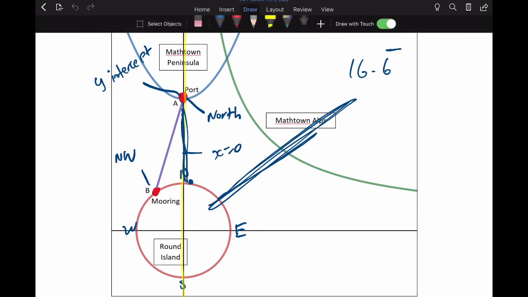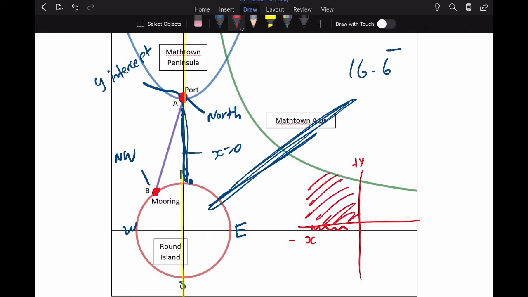The correct answer is minus 3 and 4, because when you look at this circle, point B is northwest of the round island, or the upper left, the top left. Therefore, when you have a t-graph, the top left has negative x values and positive y values. Therefore, negative 3 and 4 is the correct answer, because x is negative 3 and y is positive 4.